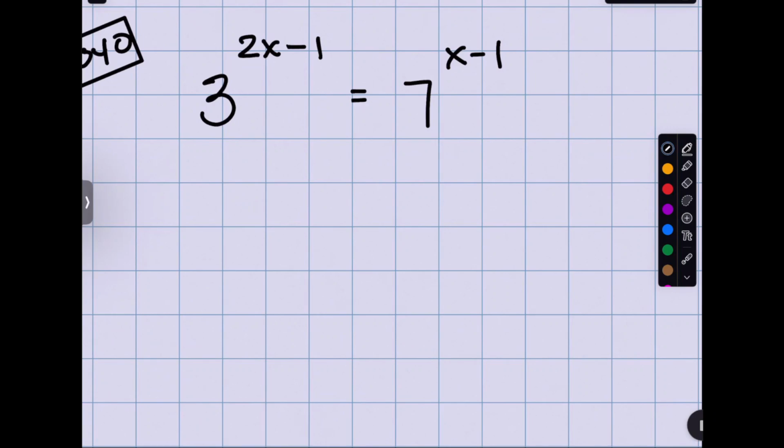Now, let me ask you this. Can we get the basis to be the same? Have we asked that question before today? Earlier today? Yes. Which was example number 2, yes? So maybe we should look at example 2 to give us a clue of where to start.